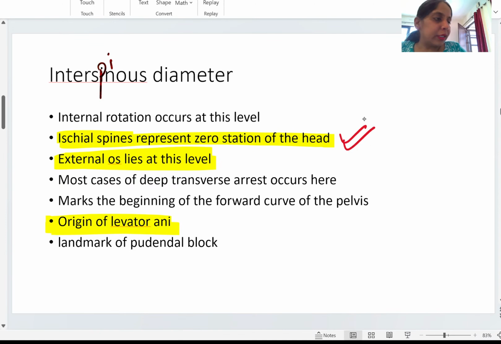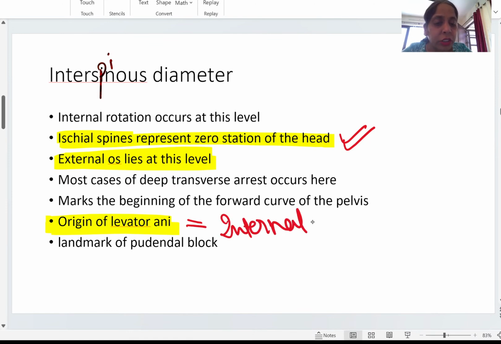If the fetal head comes at the level of the ischial spine, then it is at 0 station. Number 2, this is where the external os is at this level. And number 3, it is where the levator ani is. Because levator ani is here, internal rotation also occurs here.